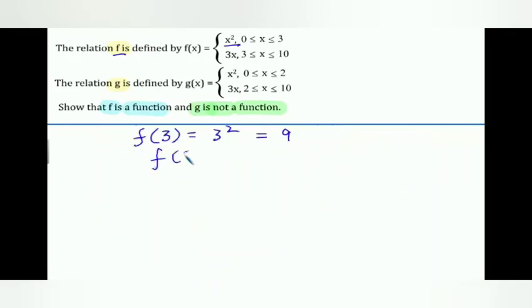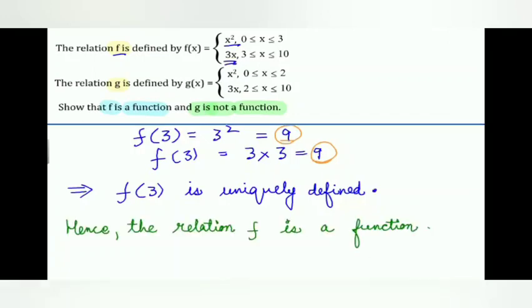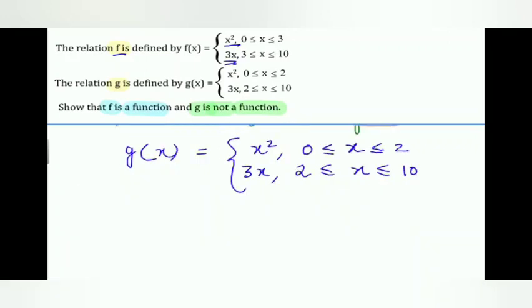You can also select, when x is equal to 3, f of x is equal to 3x, so 3 into 3 is equal to 9. So here 3 is related only and only to 9. So f of 3 is uniquely defined. The definition of a function says the first element should not repeat. So here the first element 3 has only 9, hence the relation f is a function.